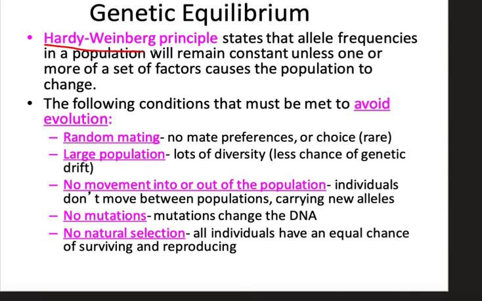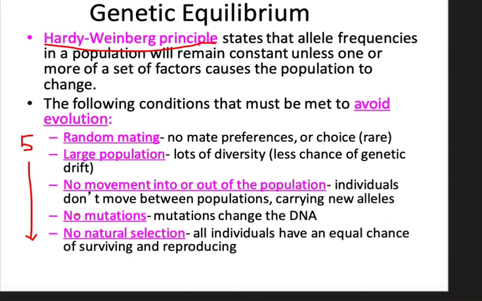Our last concept is just to acknowledge that 2 real heavy math guys, Hardy and Weinberg, got together and wrote some equations to predict the likelihood of evolution happening. And this is a little bit detailed, but what they found was that if you want to avoid or prevent evolution, there's a list of 5 things that you sort of have to have in a population.